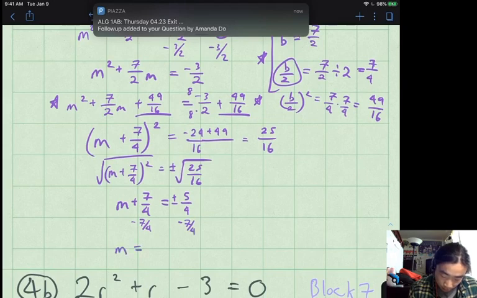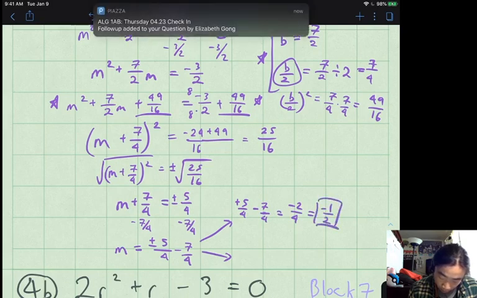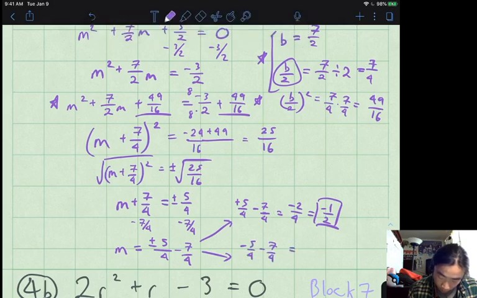M is equal to positive or negative 5/4 minus 7/4. Positive 5/4 minus 7 over 4, left with negative 2/4, which equals negative 1/2. That's your first answer. Negative 5/4 minus 7/4 gives you a total of negative 12 over 4, which is negative 3.